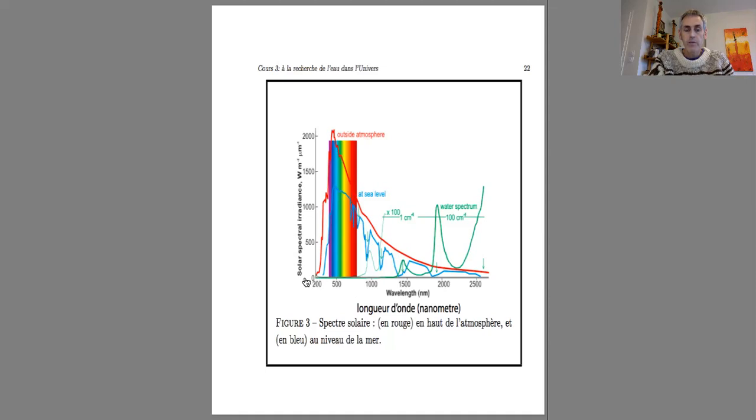The visible stops around 400 nanometers, and below that is the ultraviolet. So there's still light there, it's just ultraviolet. We can't see it with our naked eye, but some animals, bees, can see in the ultraviolet. And here's the infrared, with wavelengths longer than 800 nanometers.